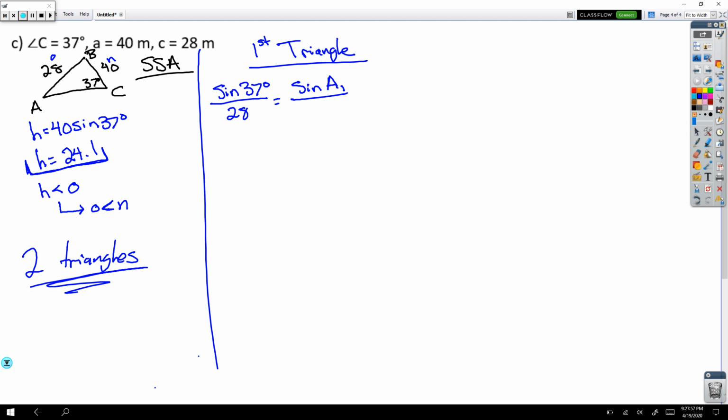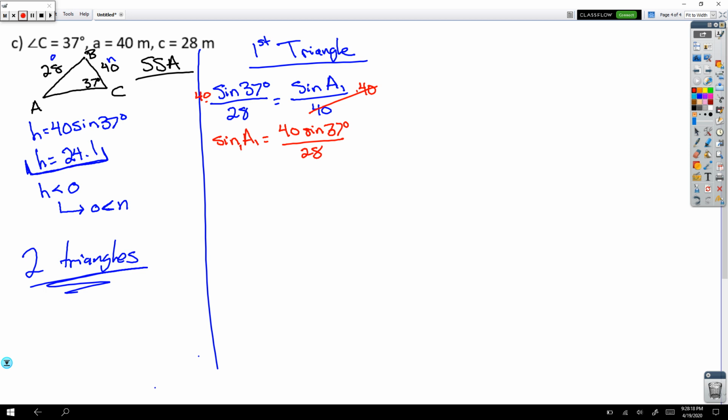And I know that the side length is 40. So we're going to multiply the 40 over. So we would have sine A sub 1 equals 40 sine 37 over 28.